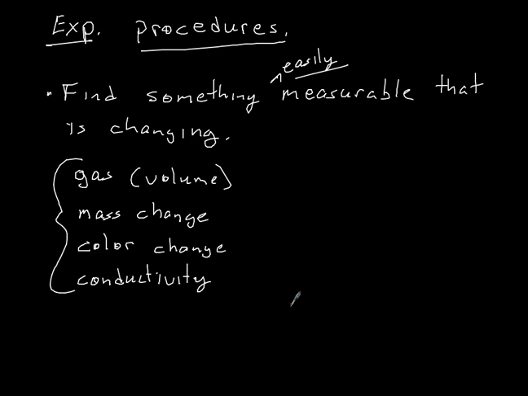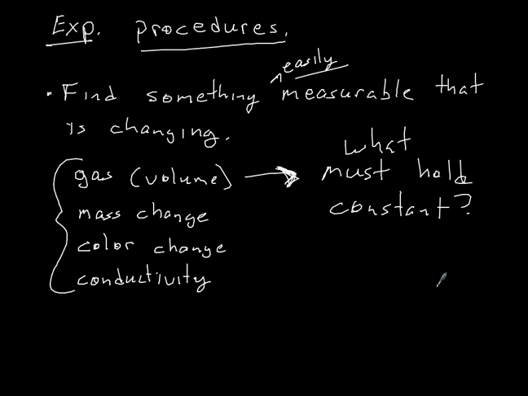Now, I want to talk about the gas for a second. If you're going to measure a volume change in a laboratory as an experiment, what must you hold constant? You'd better hold 2 things constant: temperature and pressure.